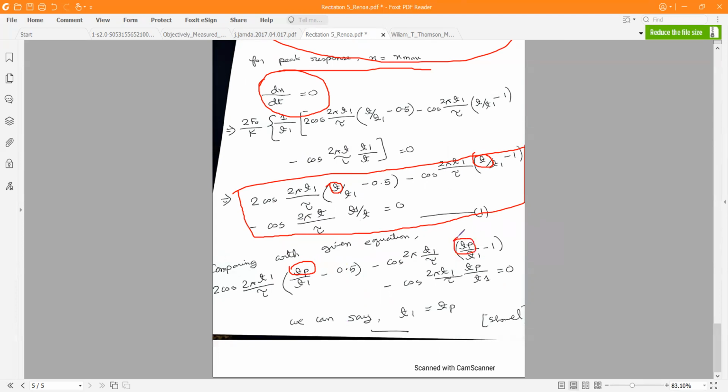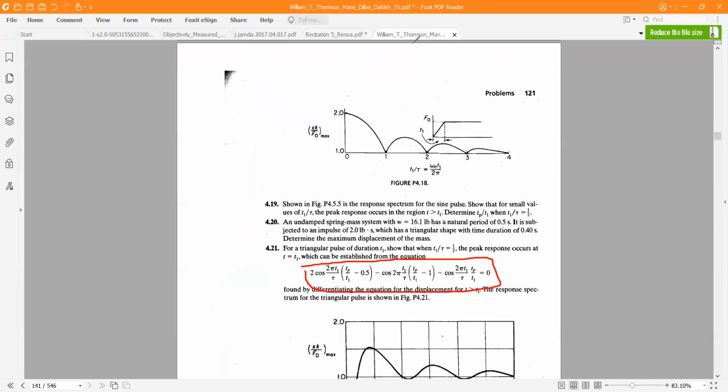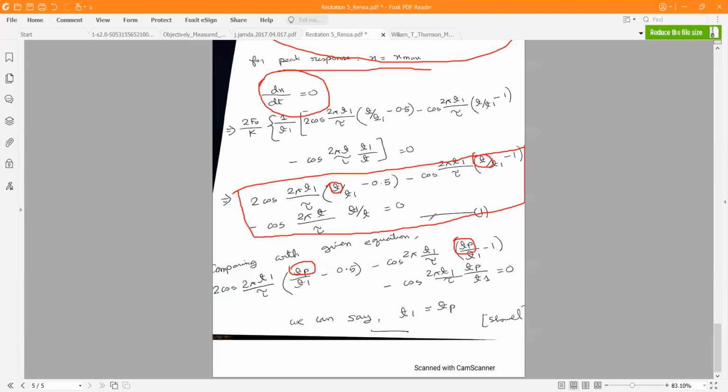So this t would be equal to tp. Comparing this equation with the given equation, we can say that t1 is equal to tp.